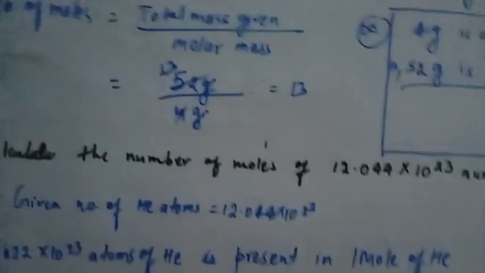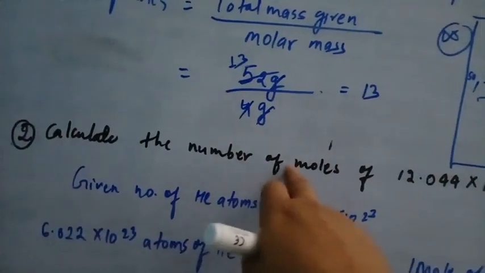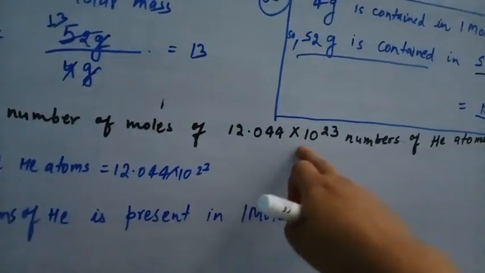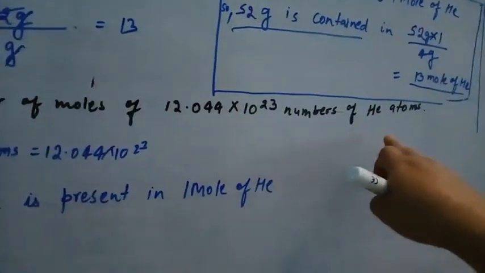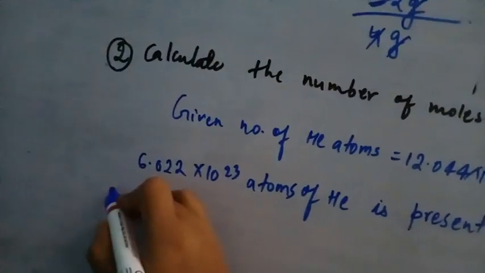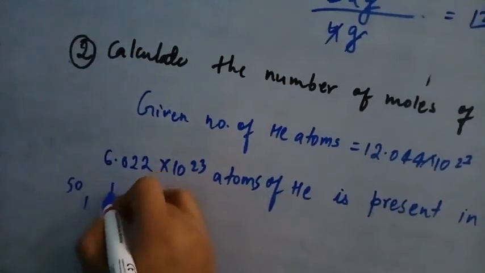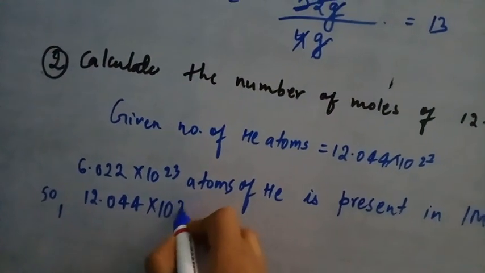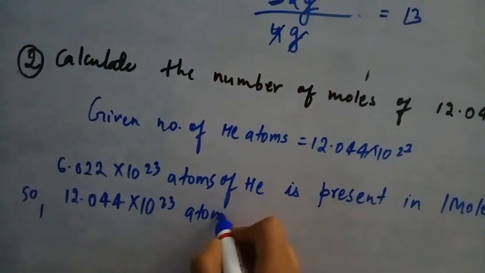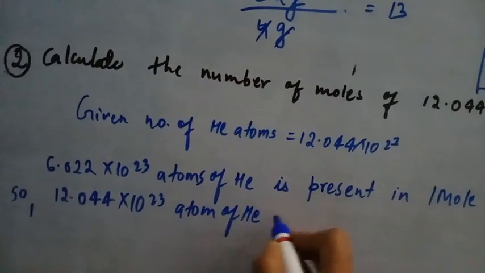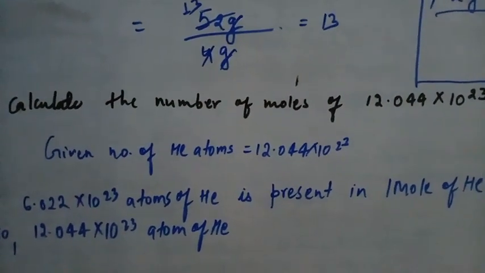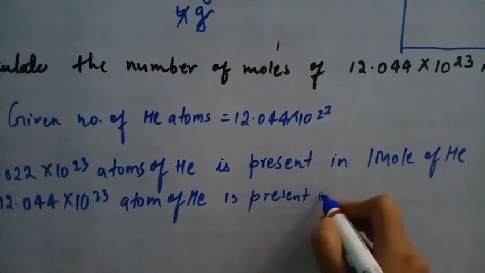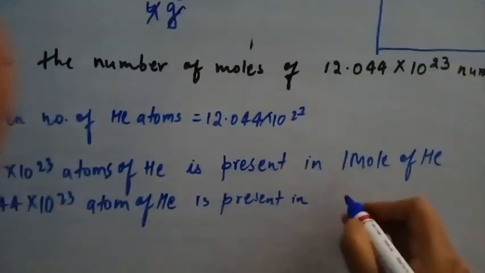In the question it is asking the number of moles present in 12.044 into 10 to power 23 helium atoms. So 12.044 into 10 to power 23 atoms of helium is present in how many moles? You can just use the unitary method.